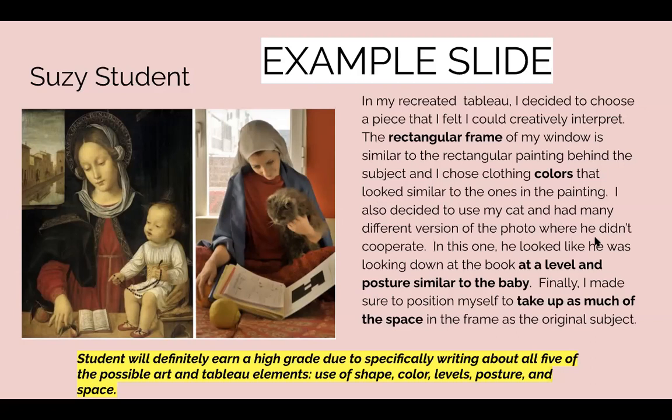And don't get freaked out by the idea of I have to write an artist statement. It's a really short paragraph describing what you did to recreate the Tableau. This student would definitely earn a high grade due to specifically writing about all 5 of the possible art and Tableau elements. You only have to write about 3. But if you want an A on this, you would do your best to address all 5, okay?